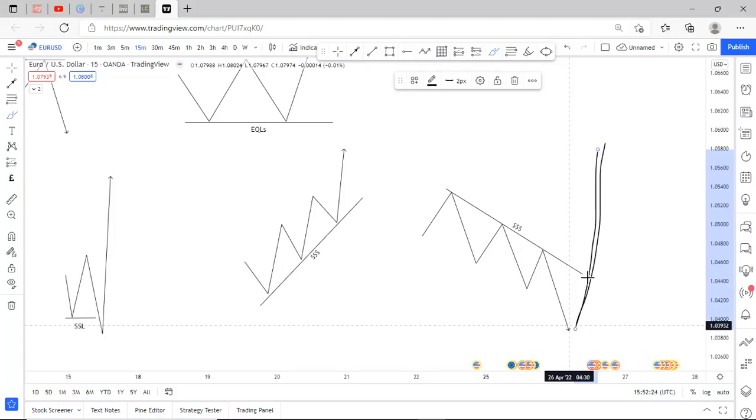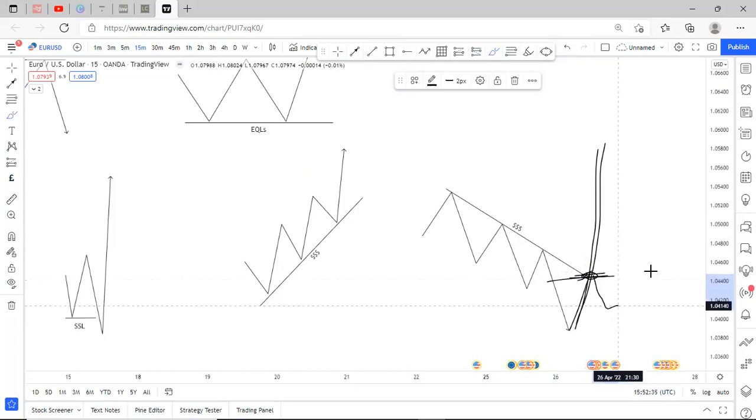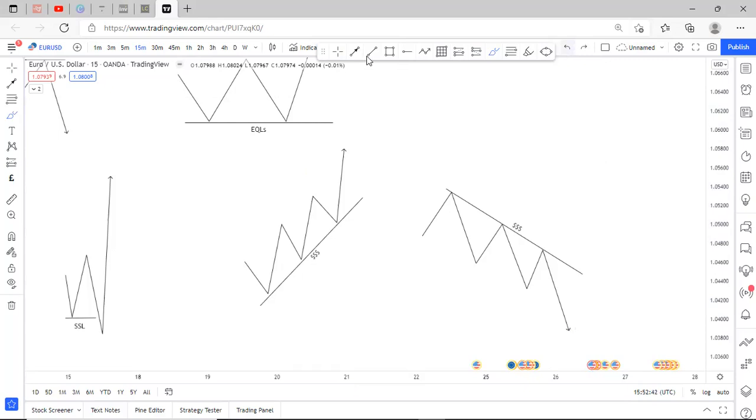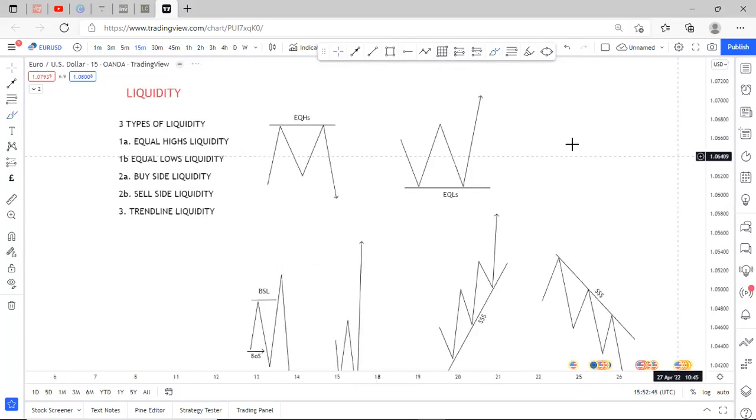By the time market is coming back, as an SMC trader, you don't want to be taking a sell trade off this trend line right here. Okay, you want to be looking for possible entries to join institutions and go up. Okay, so now let's move to a real short example of all these liquidity types.